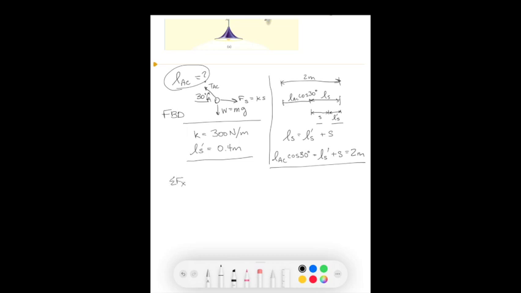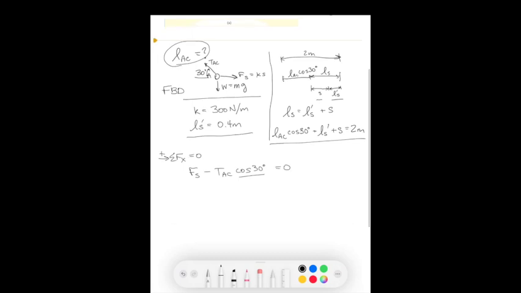So we start with the x. Again, to the right is positive, and we know that in equilibrium it's equal to 0. So the force of the spring is to the right, so it's positive, and in the left-hand direction we have the x component of the force along the cord AC. If I solve for the force of the spring, I see that these two are equal.